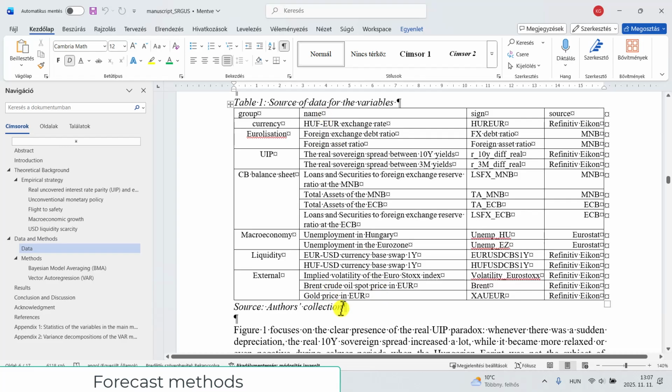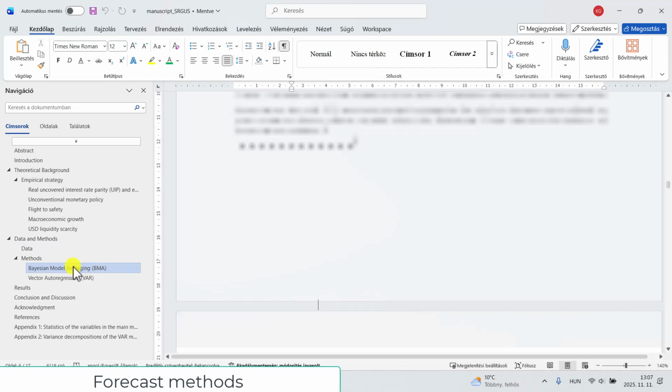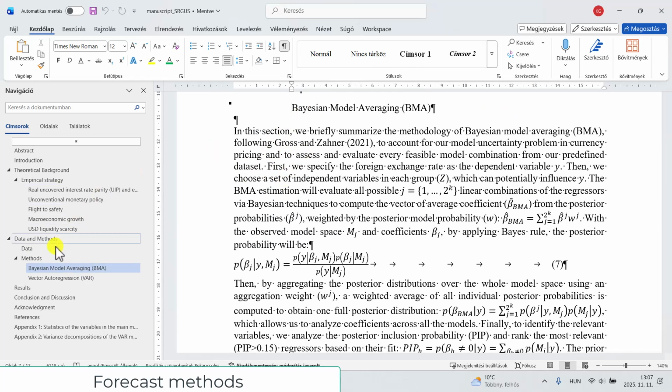So this paper is much more about testing which variable can be useful. Within each subgroup, we were checking, there is this beautiful method of Bayesian model averaging.